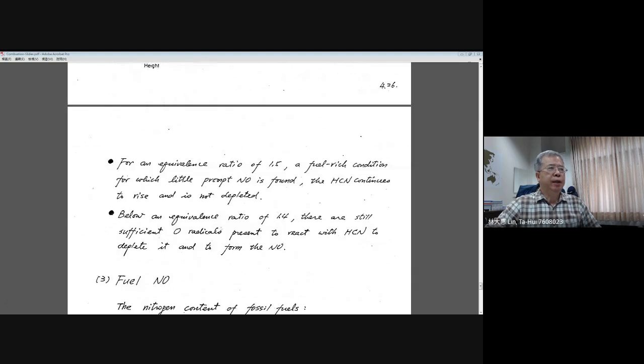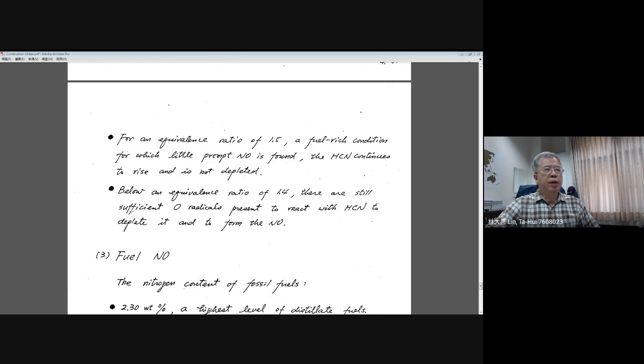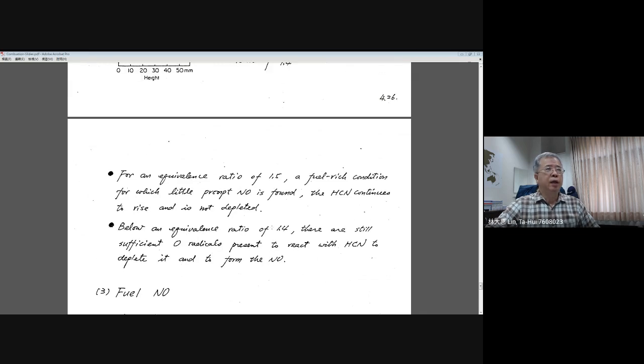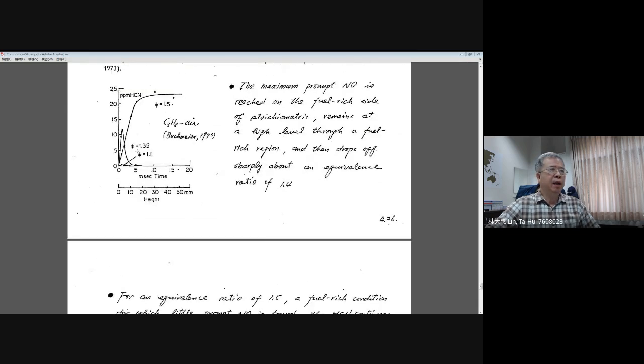Then the conclusion is that for an equivalence ratio of 1.5, a fuel-rich condition for which little prompt NO is found, the HCN continues to rise and is not depleted, as I mentioned. Below an equivalence ratio of 1.4, there are still sufficient oxygen radicals present to react with HCN to deplete it, then to form the NO. That was emphasized by an equivalence ratio very close to 1.35.